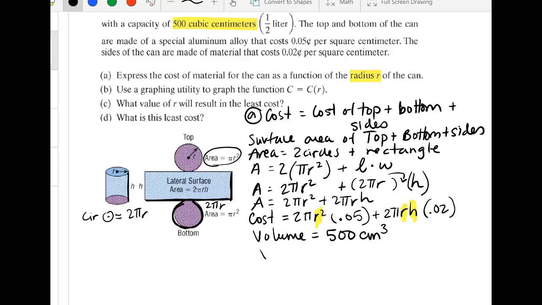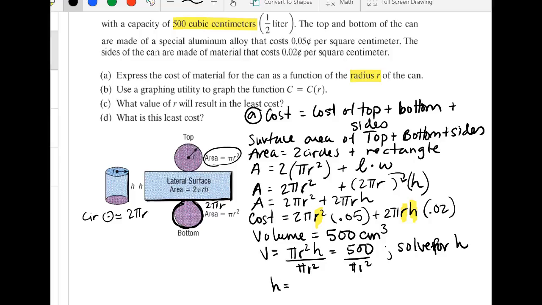Well, the volume formula is pi r squared h, and I'm just going to set it equal to 500. And from here, I'm going to solve for h. So here we go. I'm going to divide both sides by pi r squared.